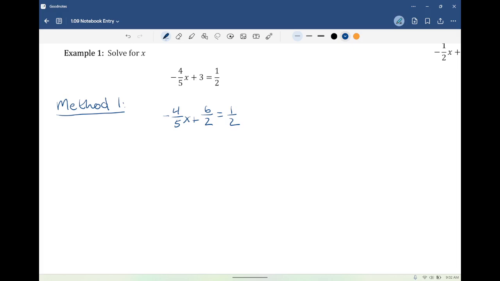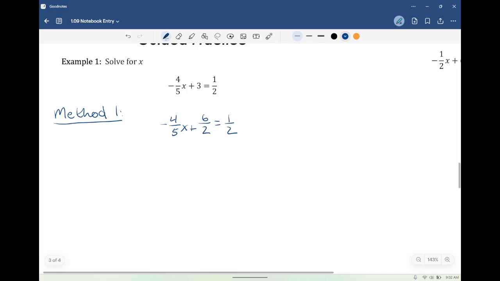Question? What did we do to get 6 over 2? If I'm thinking about how to change 3 to something over 2, this is really 3 over 1 times some fraction, I don't know what it is right now, to be equal to something over 2. I use my denominators to help me. 1 times whatever this is needs to be 2.